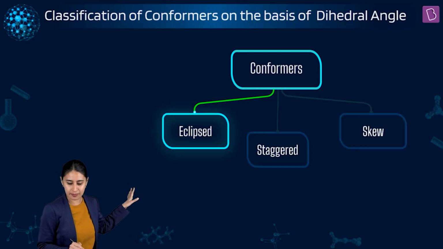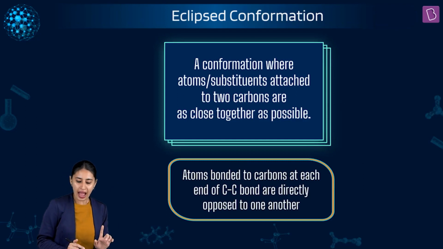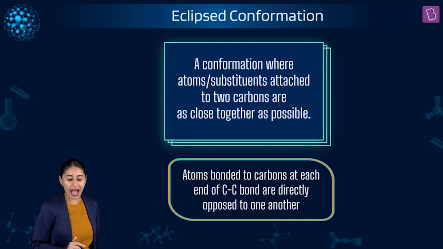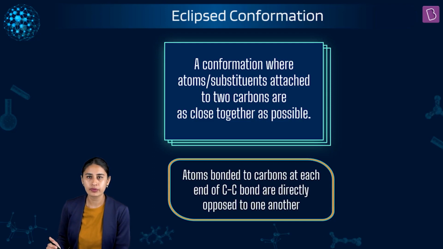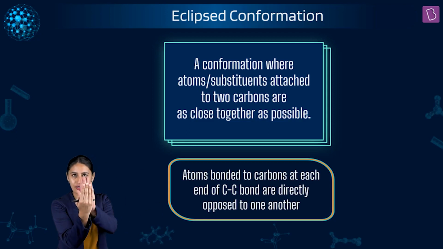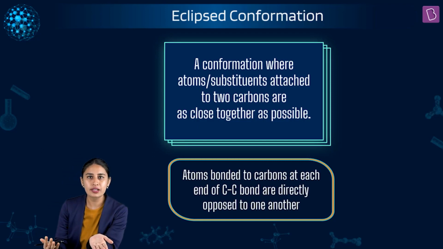Let's start with eclipsed. What is an eclipsed conformation? A conformation where atoms, substituents attached to two carbons are as close together as possible. What you know in geography, the meaning of eclipse: if there is one object, there is another, and if the first one is completely hiding the other, we say it's an eclipse.